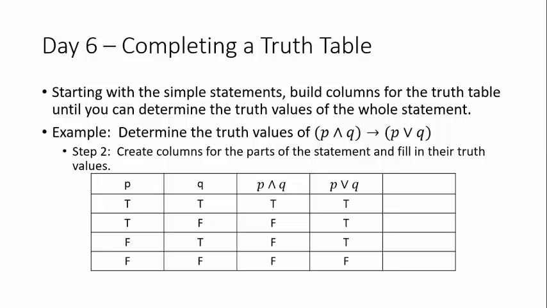So for P and Q, you will see the column true, false, false, false. An OR statement is only false when both of its parts are false. So we have for the column P or Q, the truth values true, true, true, and false.